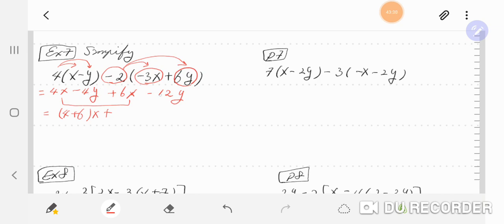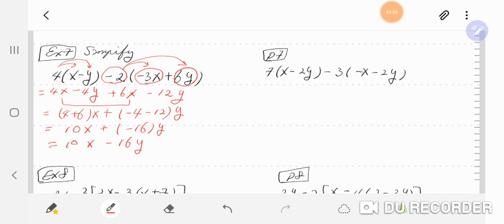Negative 4y and negative 12y are the like terms. So add negative 4 and 12. Okay, negative 4 minus 12. So that is equal to 10x plus this is negative 16y. So 10x minus 16y.